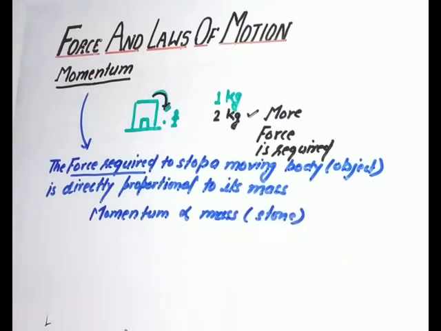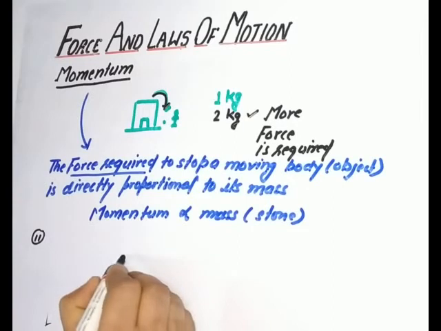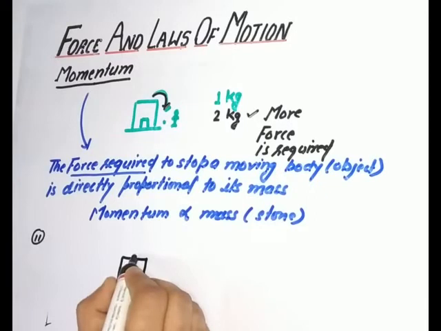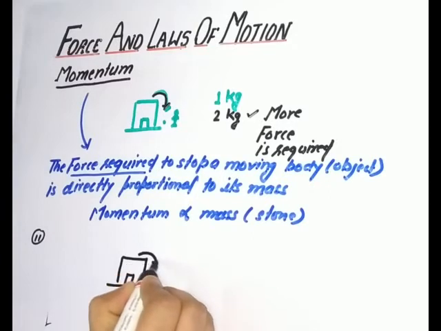From the above example, now the same example of a stone we have taken. Suppose both stones are of the same mass, and we throw them from the roof of our house one by one. This is the first stone.